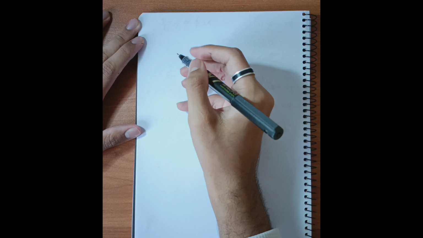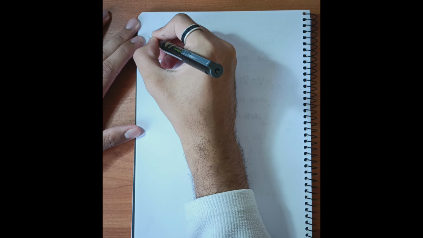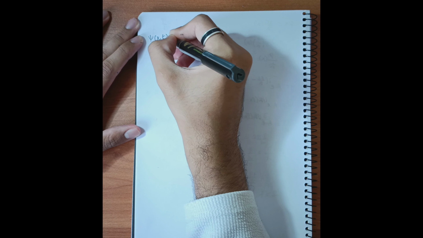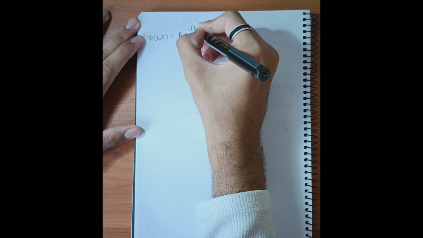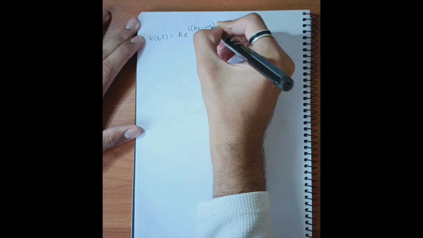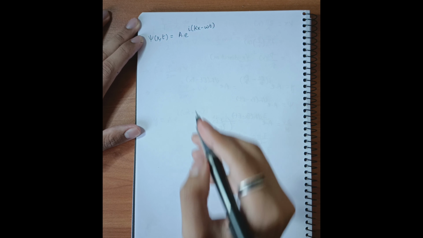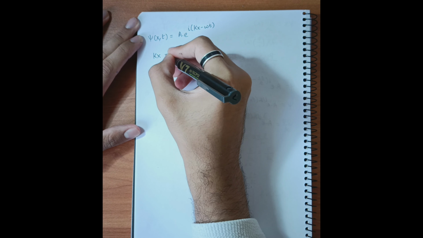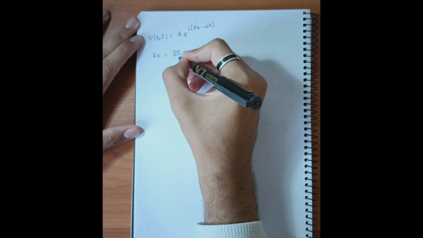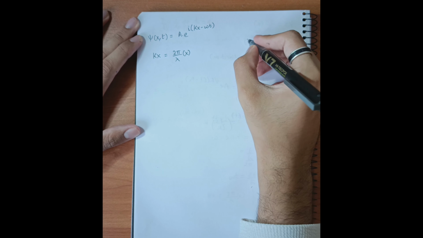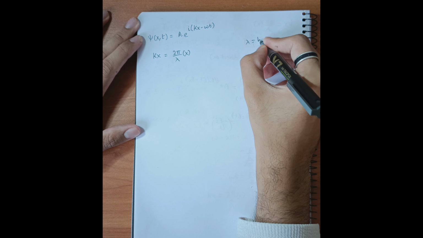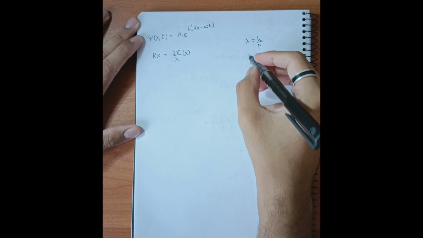Let's begin with a plane wave traveling in one dimension. The general form of the wave function is psi(x,t) equals A times e to the i(kx minus omega t). Now, kx can be written as 2 pi over lambda times x. We know that lambda equals h over p.